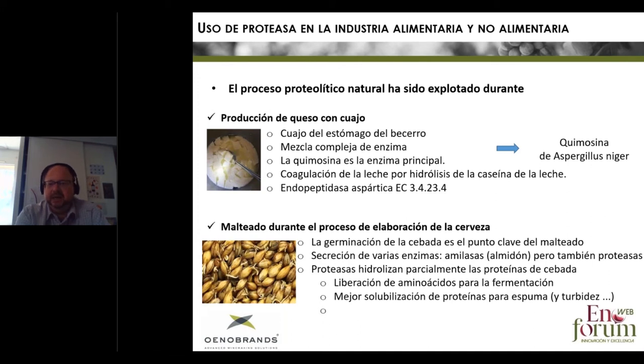During the germination of barley, which is the key point of malting, there is a secretion of various enzymes like amylase, responsible for the hydrolysis of starch, but also proteases that can partially hydrolyze the proteins of barley with the liberation of amino acids, which is helpful for the further fermentation, but also helping for better solubilization of proteins to help the beer foam stability, but also responsible in some cases for haze formation.